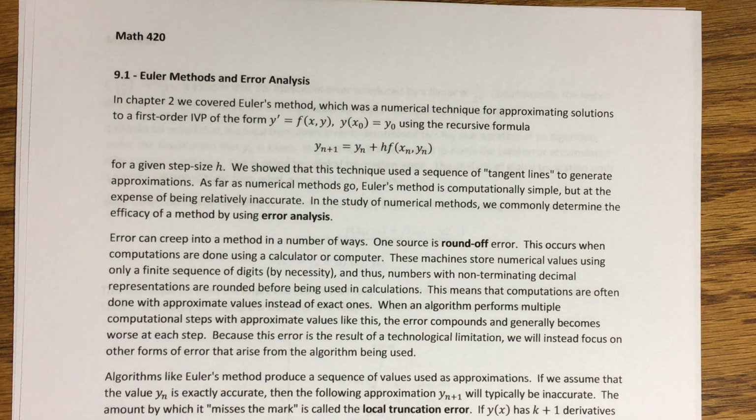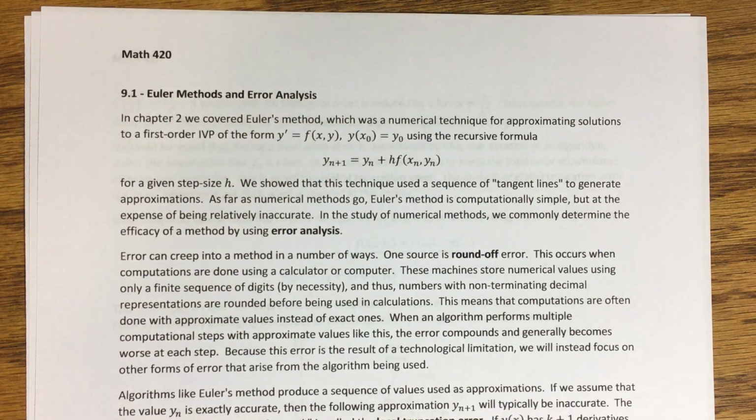And I think I mentioned back then, but Euler's method, even though it's the first numerical method that everybody learns in a differential equations class, it's also one of the worst as far as accuracy goes. The benefit of Euler's method is that it's straightforward to learn. So it's straightforward to see why it is an approximation tool, and it's computationally relatively simple.